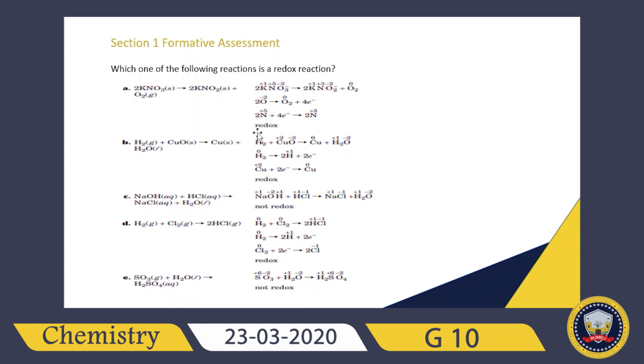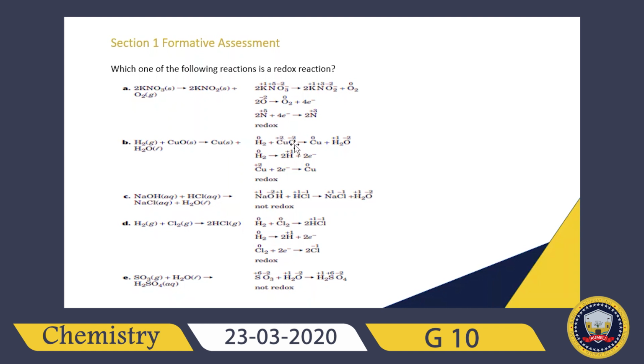So the oxidation number of hydrogen is 0. What about the copper and the oxygen in this compound? Copper, as we know, is in group number 2. That's why the oxidation number of copper should be positive 2. And oxygen, as usual, the oxidation number will be negative 2.